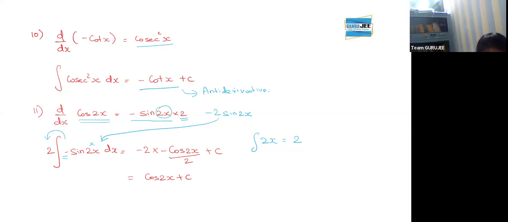So put the 2 in the denominator. And at last, don't miss out the constant, plus C. Minus into minus becomes 2 cos 2x by 2. Here you have two 2's, plus 2 in the numerator and plus 2 in the denominator. Just cancel it. The result is cos 2x plus C.